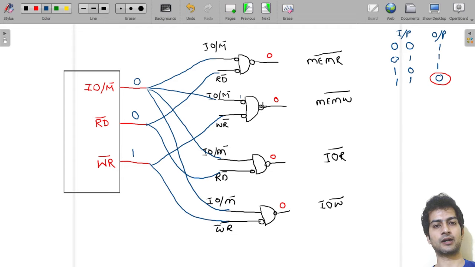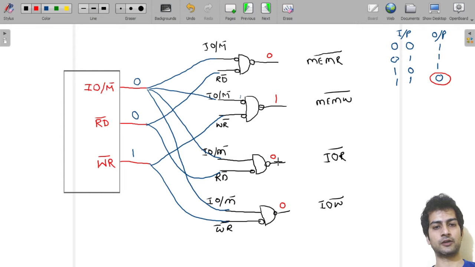And if we take again the inverter, then we will get 1 here. So here there will be no operation, because it is an active low signal. We require 0 for it to get activated.